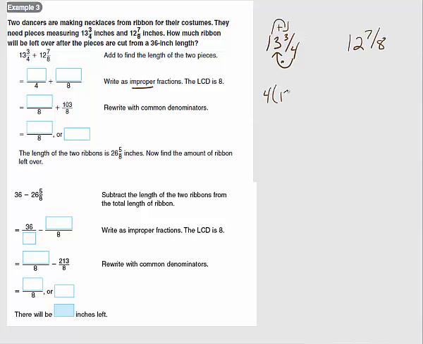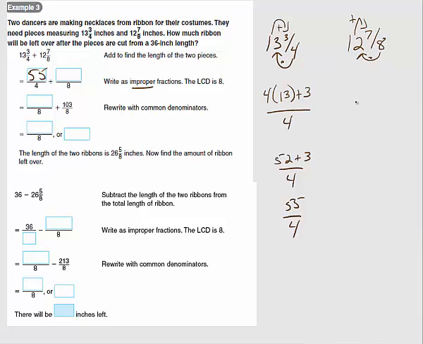To do that, I'm going to take 4 times 13 plus 3, over 4. 4 times 13 is 52, plus 3, over 4. And that's 55/4. So 55/4 is my first fraction when I made this into an improper fraction.